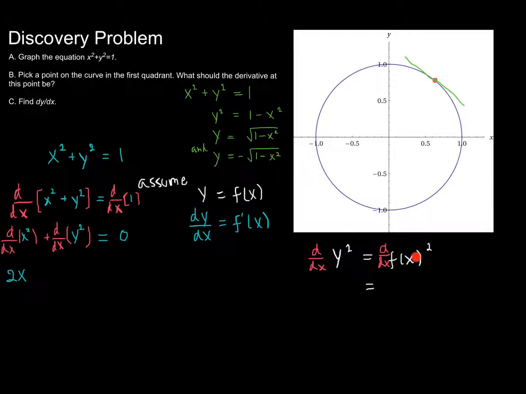I have some function of x being squared, and so I have to take the derivative of the outside, which is squaring whatever this function is, and then the derivative of the inside. So when I take the derivative of this, I'll end up with 2 times f of x times the derivative of f of x.